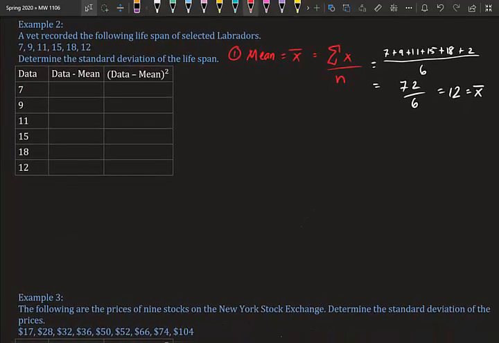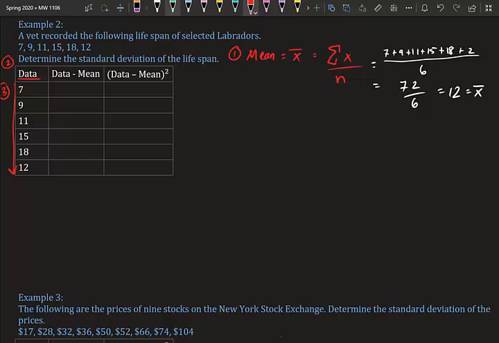Alright, this is step 2. Step 2 is to create the table. You see how we have 3 columns. Our first column is data, our second column is data minus mean, our third column is data minus mean squared. Our third step is to list the data. Our fourth step is to take the data and subtract the mean.